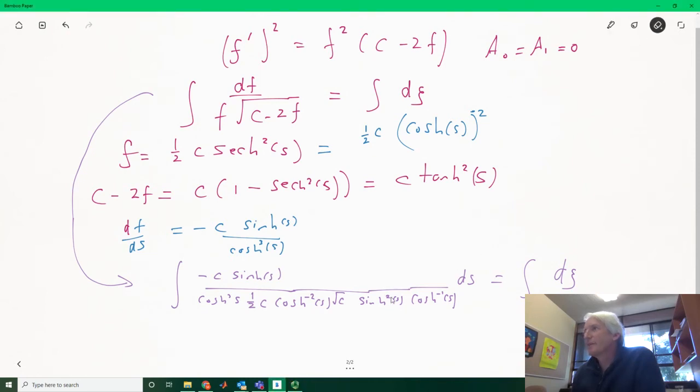Let's fix that up. So the miracle does happen. All of the hyperbolic parts disappear. We've got a c, we've got a half, we've got a square root of c. The c cancels. So we've got 1 over 2 square root c.